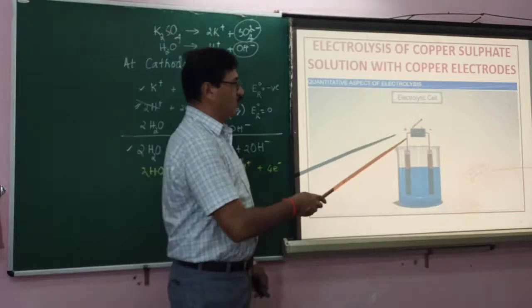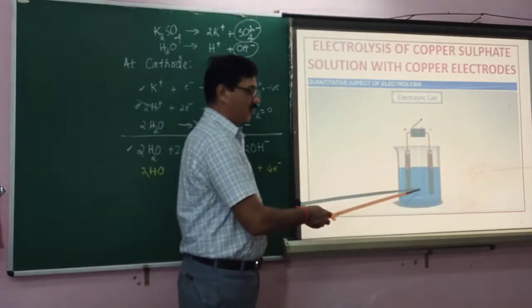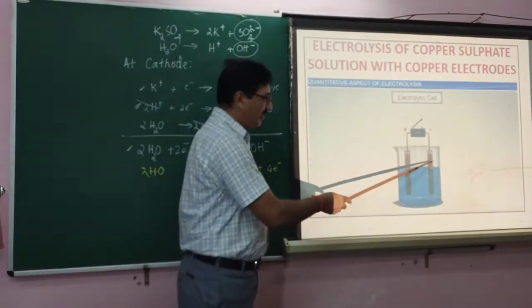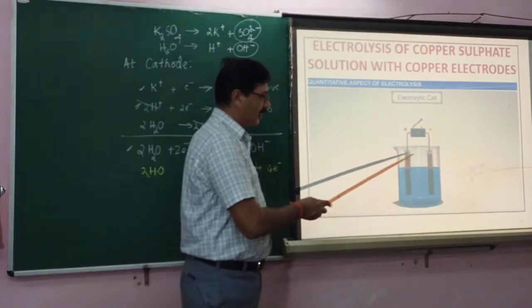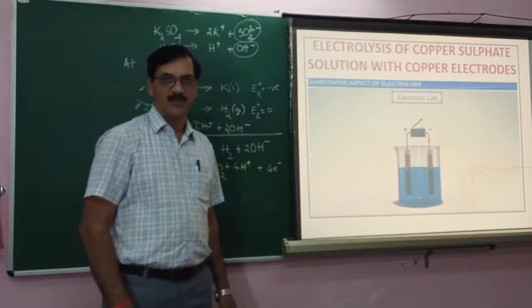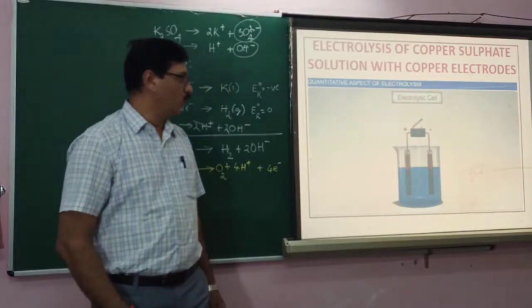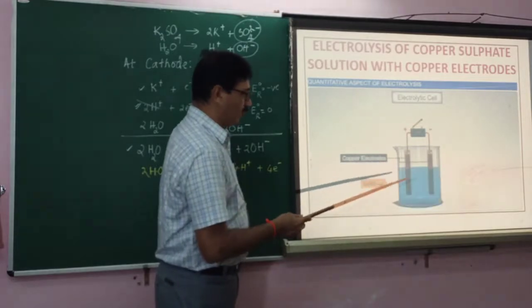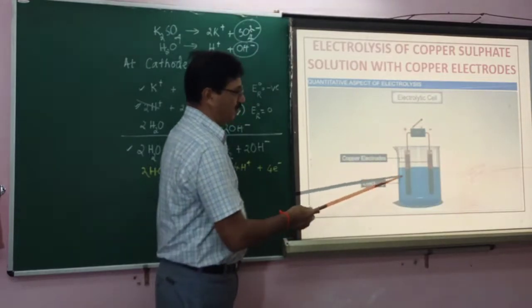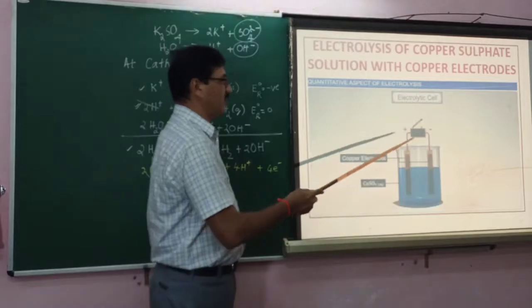Now, as I told you, the electrolytic cell consists of an electrolyte and electrodes. For example, we have taken copper electrodes in the copper sulfate solution. These copper electrodes are active, so copper also undergoes oxidation.